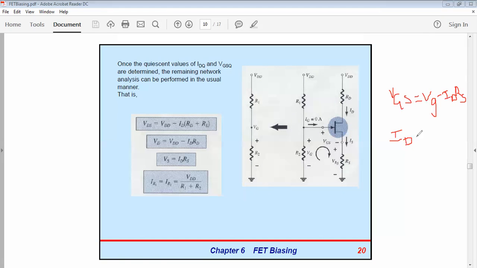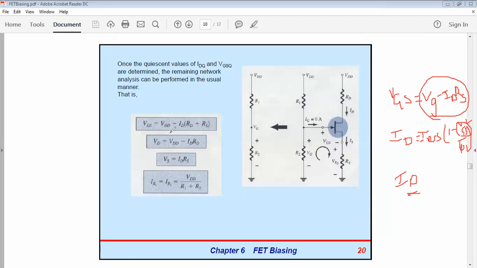If it is a JFET or depletion mode MOSFET, the current equation is ID is equal to IDSS into 1 minus VGS by VP whole square. Already we know this. Now here, replace VGS with VG minus ID into RS. Then you will get one quadratic equation. Then find ID.